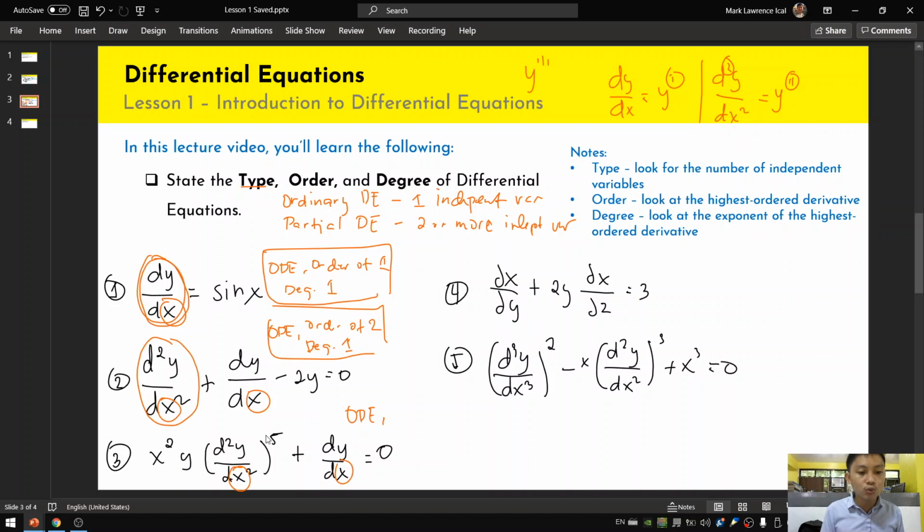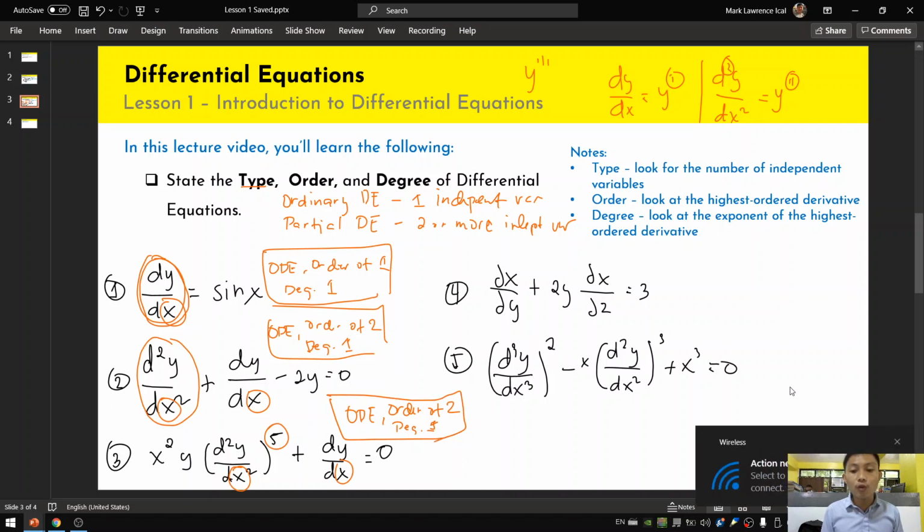So, the order is 2, because we see y double prime, right? Okay? How about for the degree? Again, for degree, look at the exponent of the highest order derivative, and we see there is 5. So, this is degree of 5.